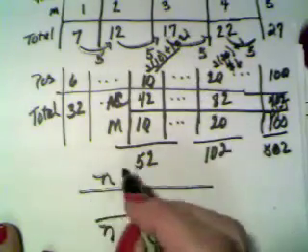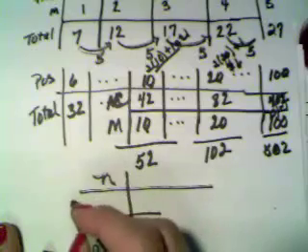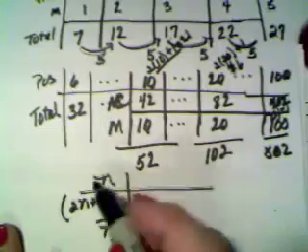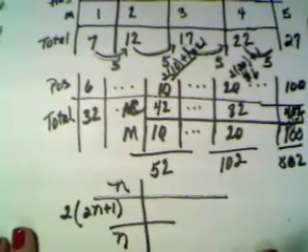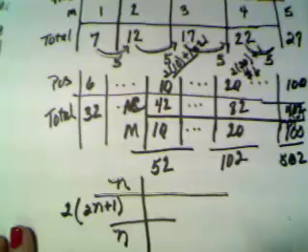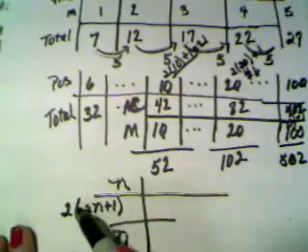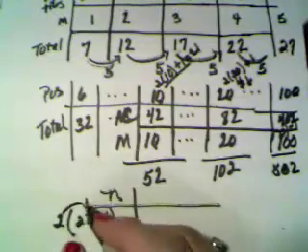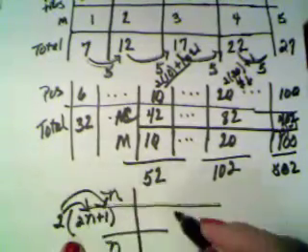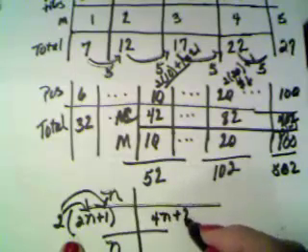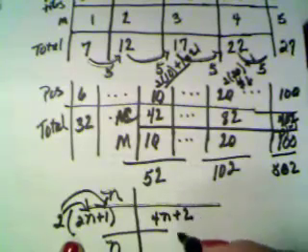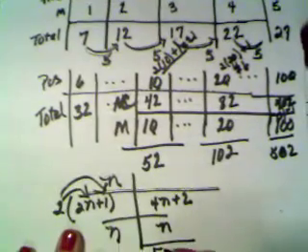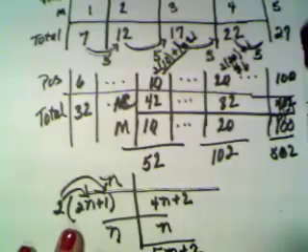Then we will double n and add 1 and then double that, which when I simplify gives me, when I distribute, 4n plus 2 added to n is 5n plus 2.